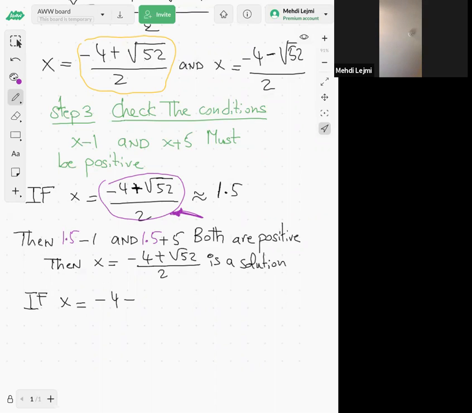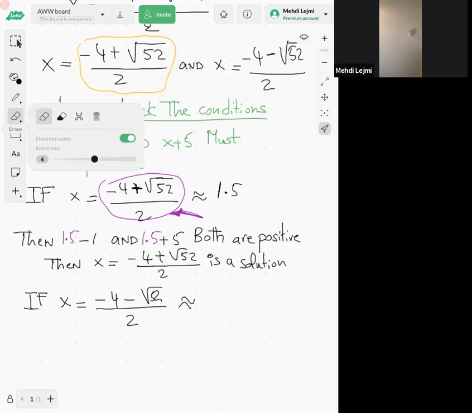Now, if you do negative 4 minus square root of 52 over 2, square root of 52 is 7 point something, minus 4, that's like negative 11 point something. That will be over 2, so negative 5 point something.